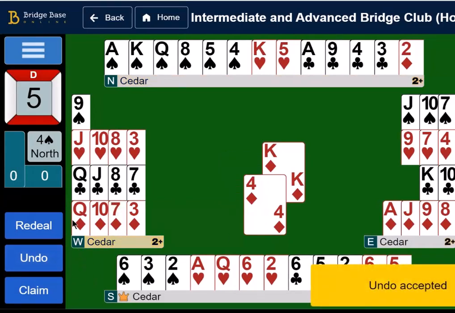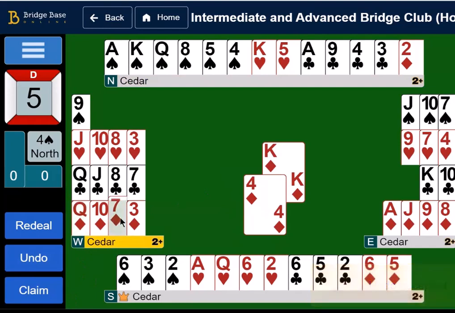If you had the Queen, the 10, and the 7, maybe you'd raise partner with that, and your 7 would be the lowest card. Playing the 7 is what you'd have to do to tell partner you have a 3-card suit. So you should always play your second highest card, unless it is actually a natural winner.